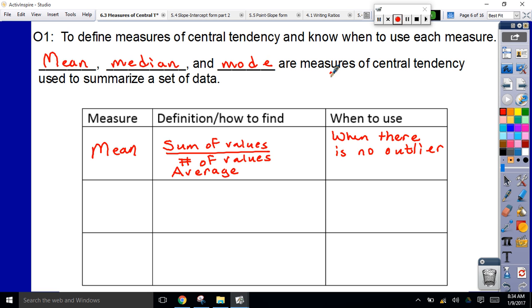So if you forgot about that, you could write yourself a little note up here that an outlier is just a number much larger or smaller. It kind of lies out there. That's why it's called an outlier. It's out away from the other numbers. Much larger or smaller than the rest of the data.